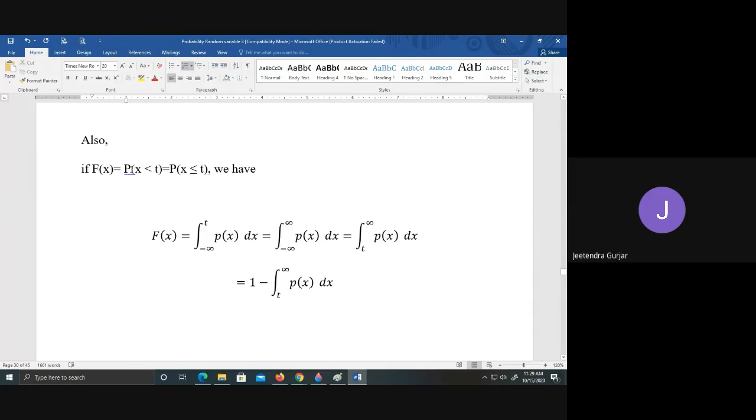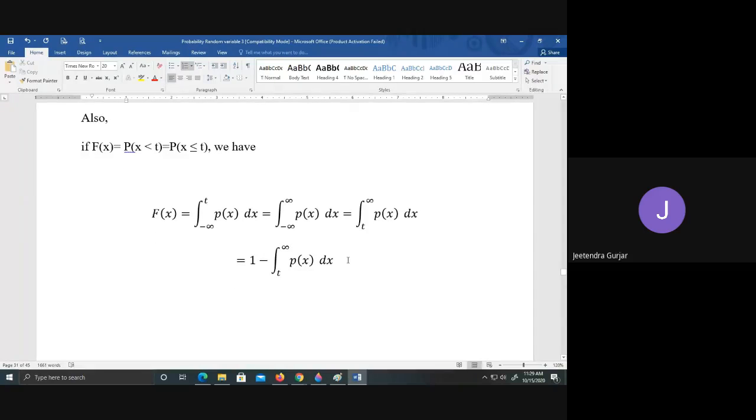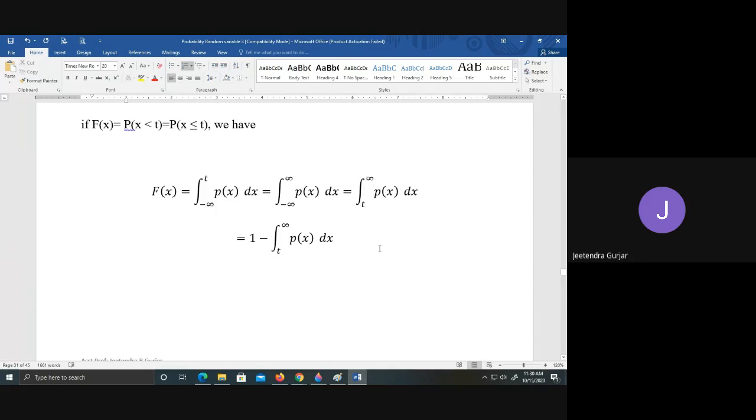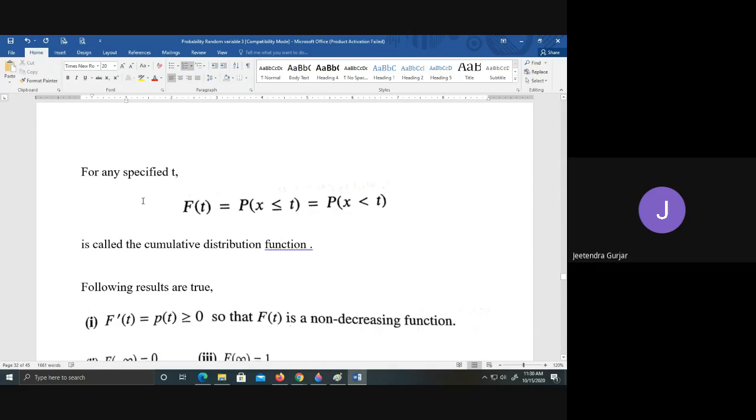Also, if you simplify f of x, you are going to get 1 minus the integration from t to infinity of p of x dx. It is just a simple simplification. And then we come across, for any specified t, f of t is equal to p of x less than or equal to t.